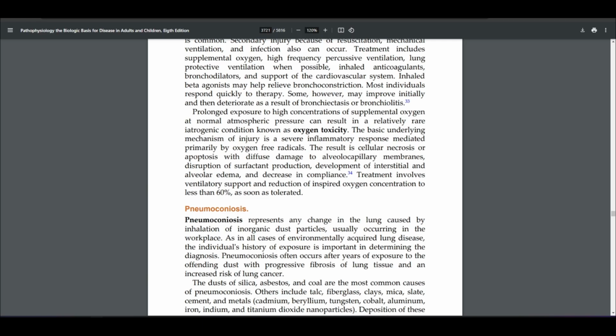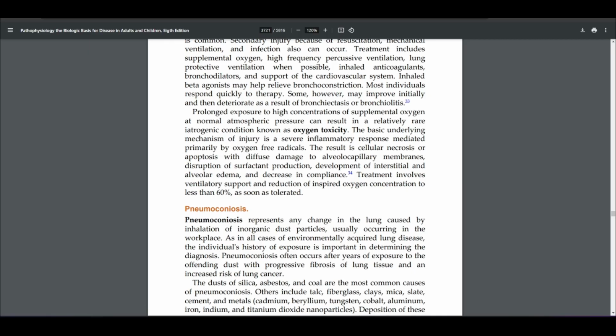Prolonged exposure to high concentrations of supplemental oxygen at normal atmospheric pressure can result in a relatively rare iatrogenic condition known as oxygen toxicity. The basic underlying mechanism of injury is a severe inflammatory response, mediated primarily by oxygen free radicals.